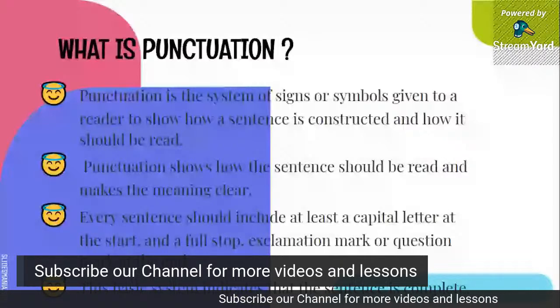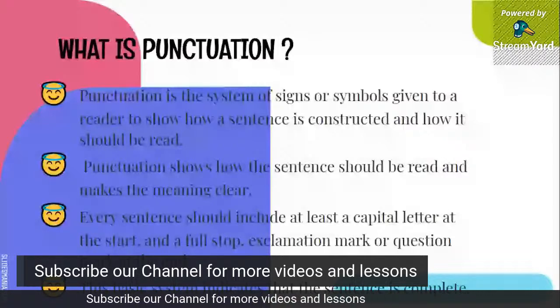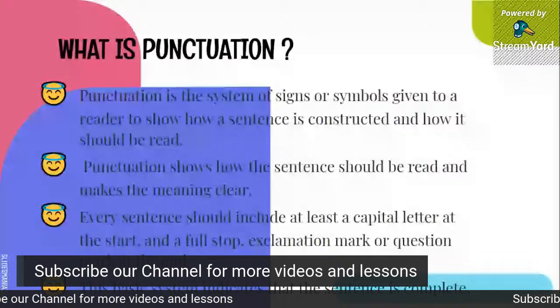Second one, punctuation shows how the sentence should be read and makes the meaning clearer.